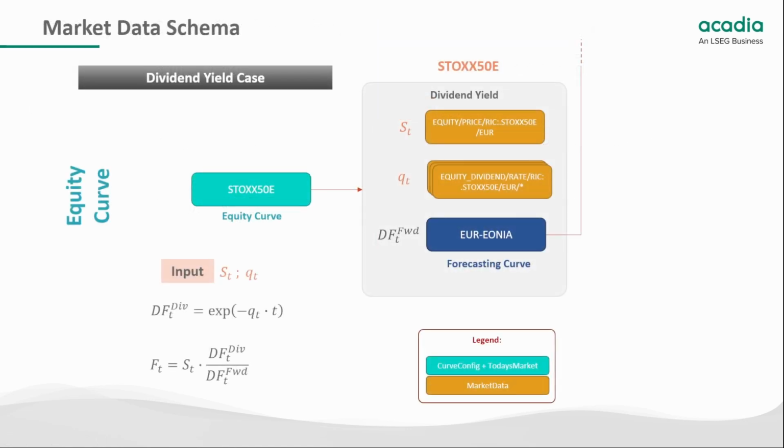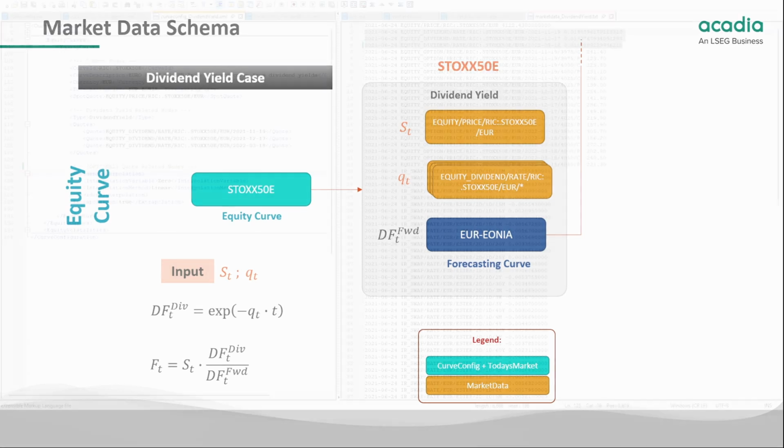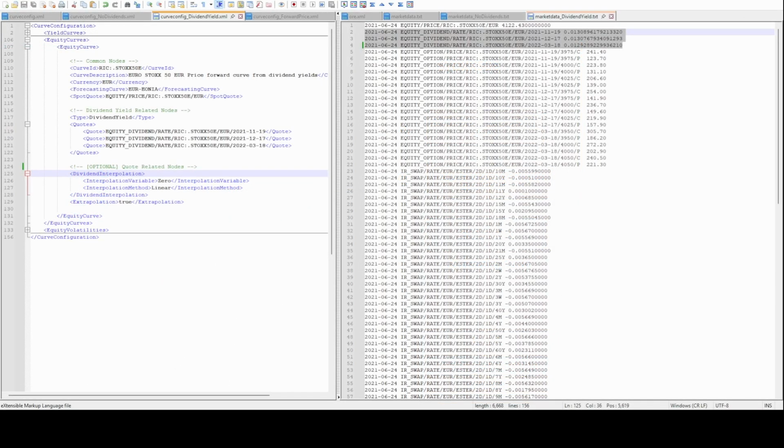Looking at the market data schema, we need, obviously, as we said, S_t, we need q_t, and we need the forward discount factor, which we already calculated previously. In terms of ORE configuration, the type node needs to be set to dividend yield. Then you need to provide a quotes node with an s, and then a series of quote nodes without an s.